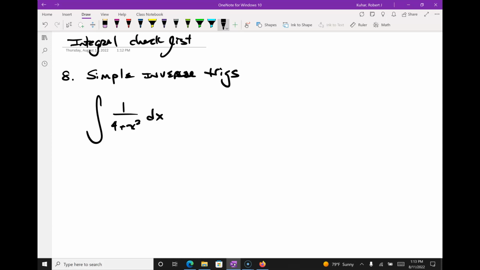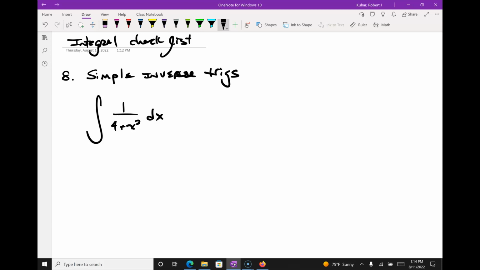No. Is there a whole function that you see and its derivative? No. Is there a clear inside? If it was, x would be the inside, because I have an x squared. Doesn't do much for me, right?